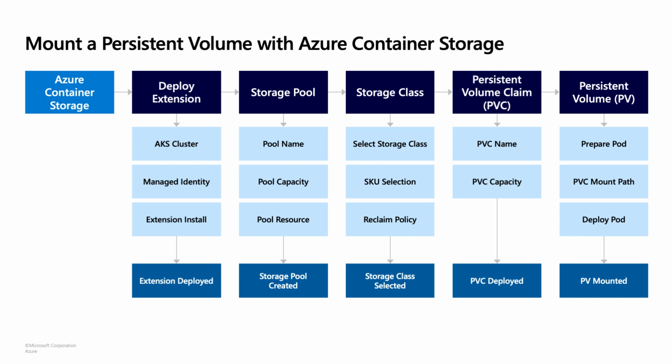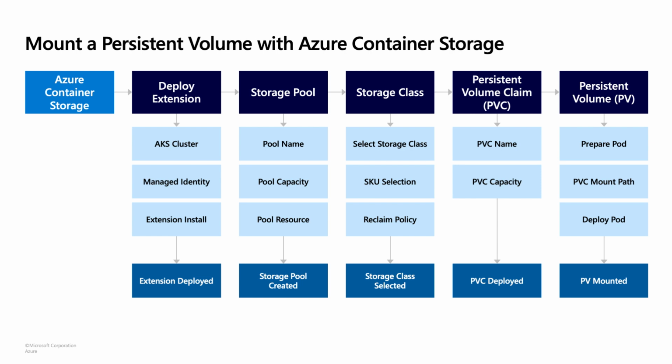Once that extension is installed, we then move on to the storage pool deployment. Here, you specify your storage pool capacity, the resource you would like to back the pool, then create the pool. Upon pool creation, we then select our storage class, which is based off of our SKU selection and reclaim policies as important areas to look into.